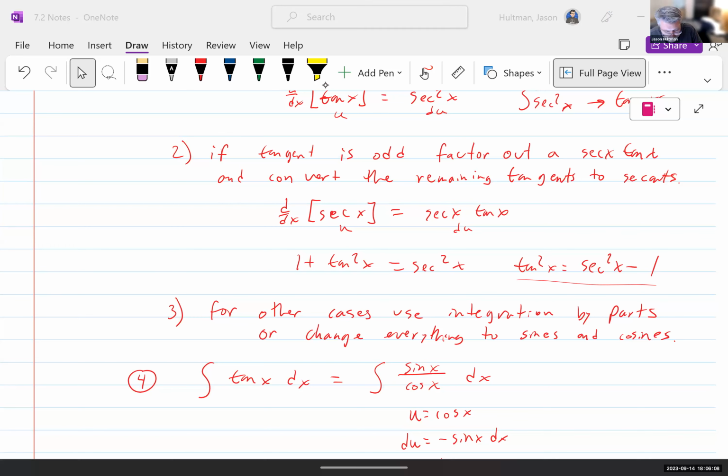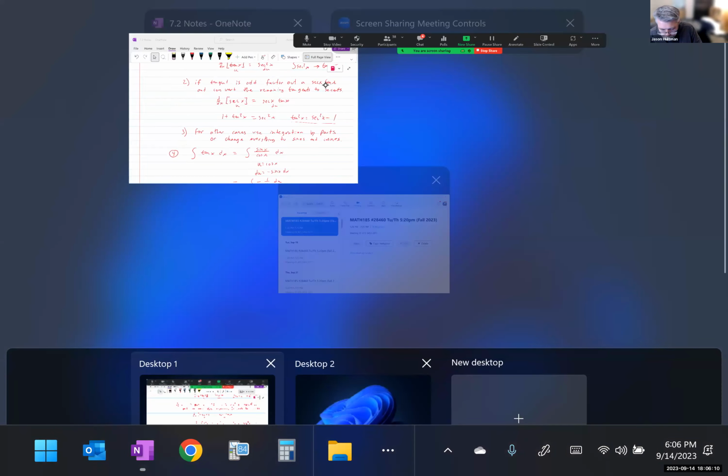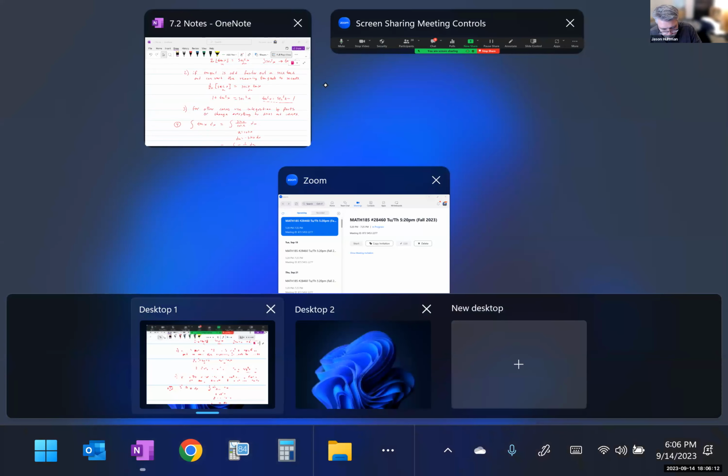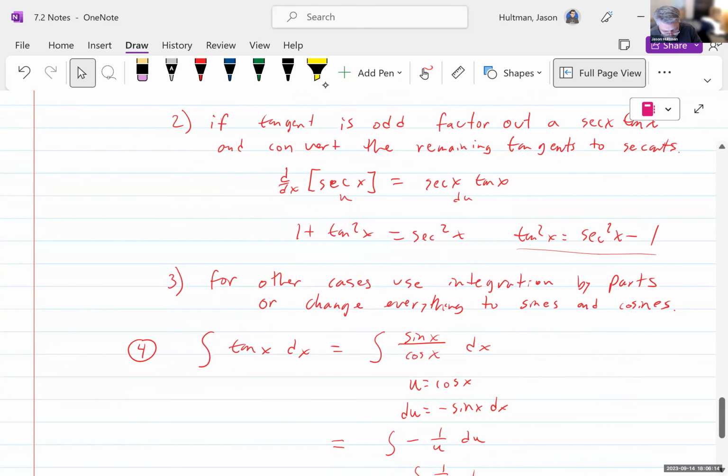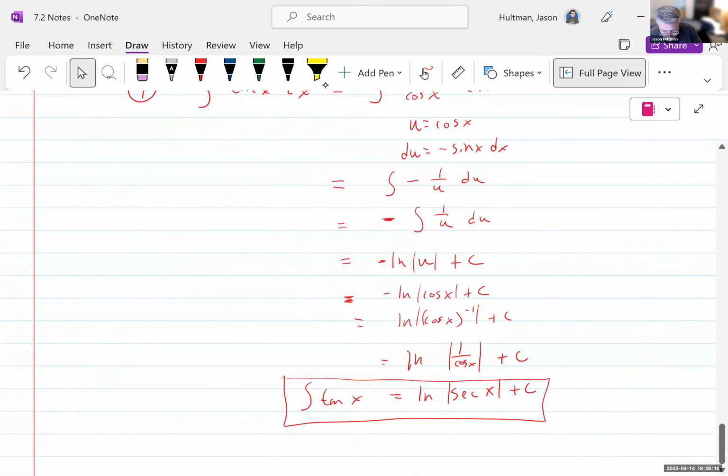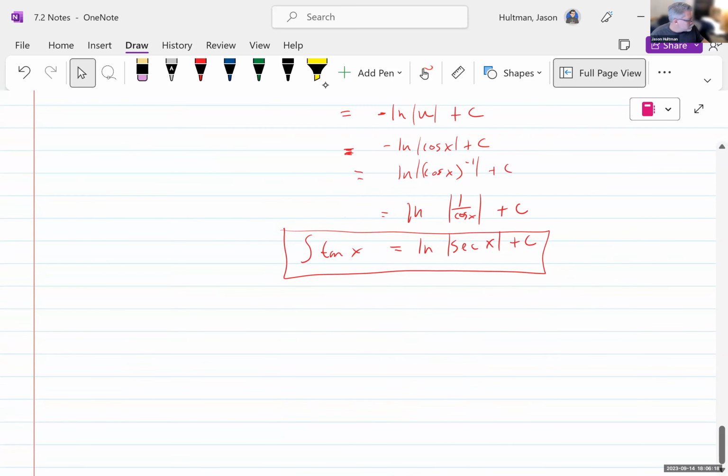Okay, let's do an example and hopefully you'll be able to see that a little bit better. Let's do number 5. So here tangent is odd.